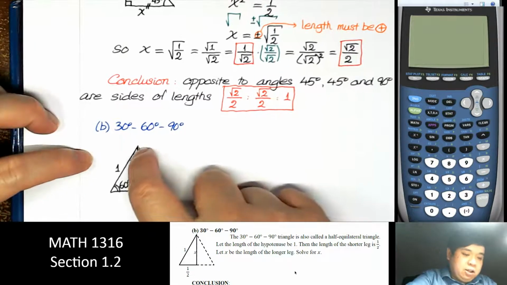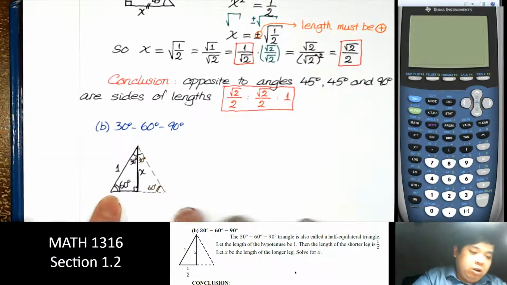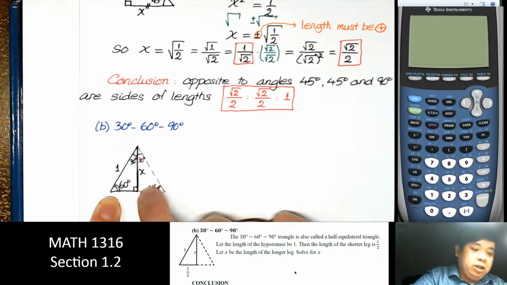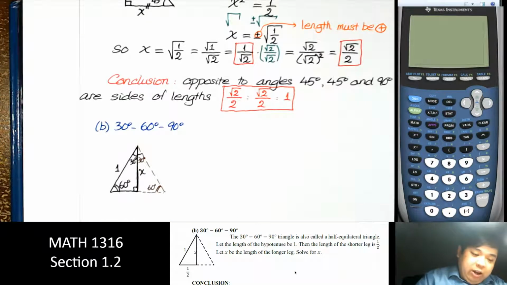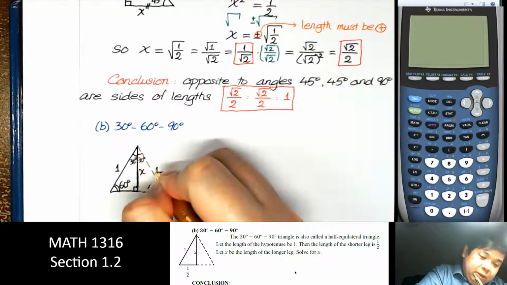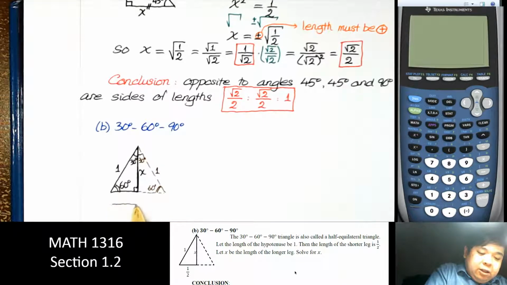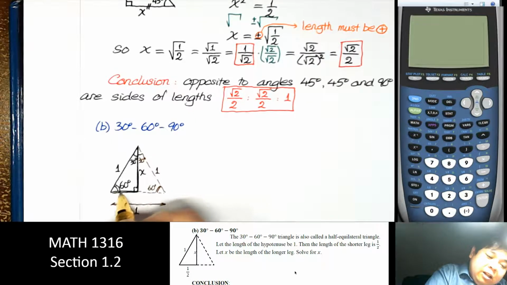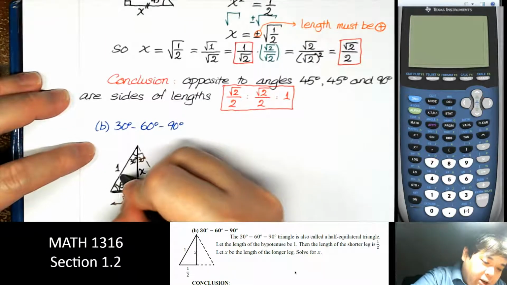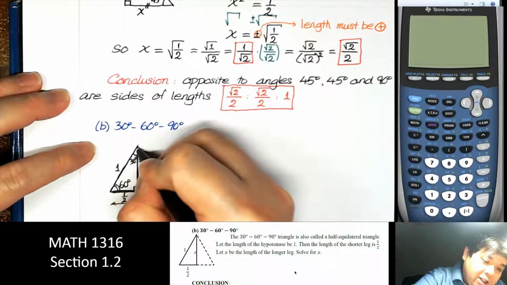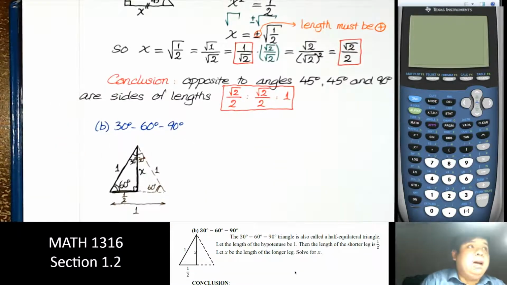Now what we have here, the big one, is an equilateral triangle, because 60 degrees, 60 degrees, and 60 degrees, all three angles are equal. Therefore, all three sides are equal. So this length is also 1, and the whole thing here is also 1, meaning this side here is 1/2. Now we focus on this triangle only, the 30, 60, and 90 degree triangle, and we're trying to solve for x.